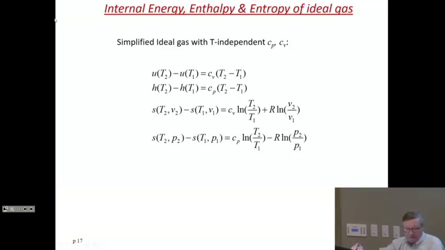And if you run the exact same algebra through your entropy change, you have Cv ln T2 over T1 plus R ln V2 over V1, or Cp ln T2 over T1 minus R ln P2 over P1. So same statement again, entropy is a function of both temperature and pressure.